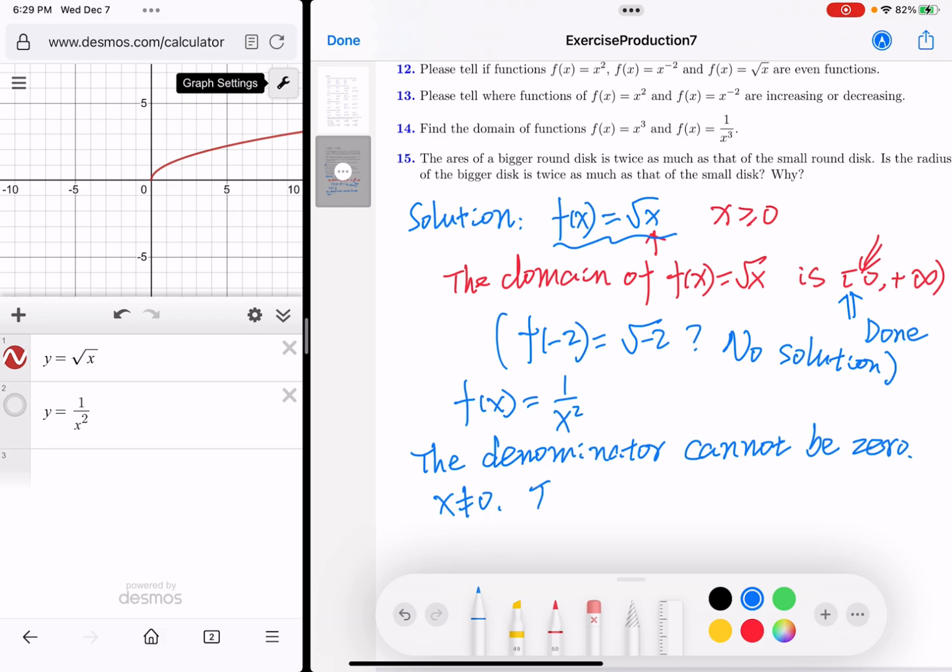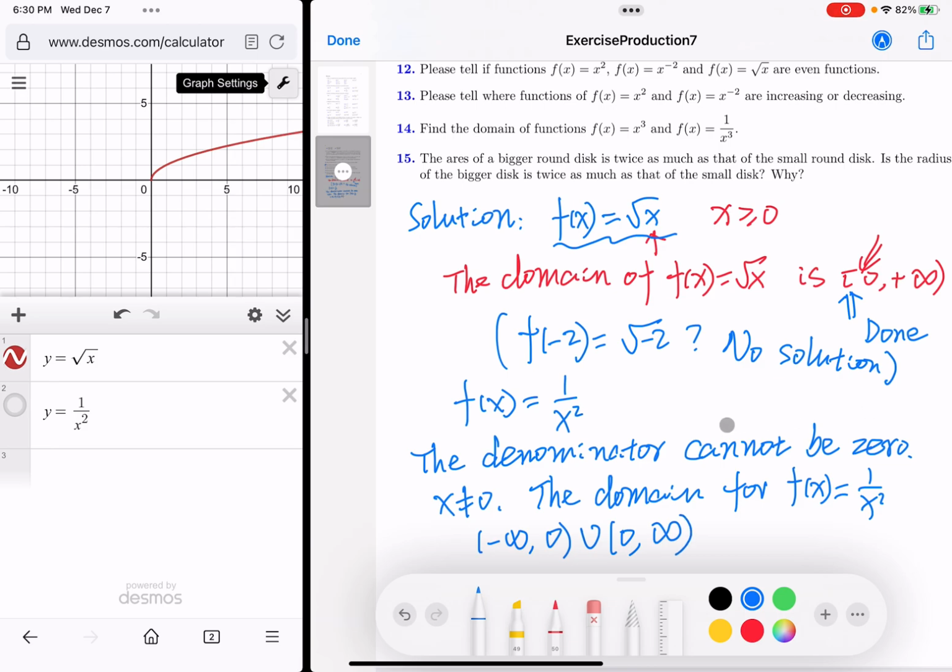So the domain for f of x equals 1 over x squared is from negative infinity to 0, and then from 0 to positive infinity.